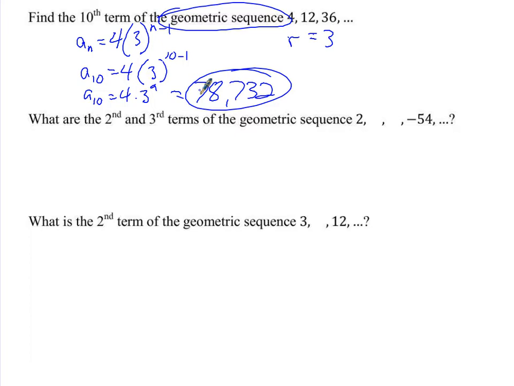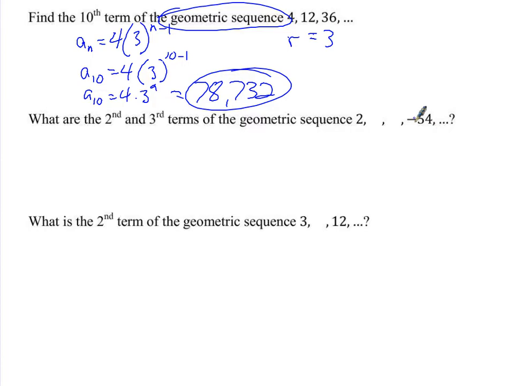Okay, what are the second and third terms of the geometric sequence 2, something, something, negative 54? Very good. It is going to be a negative common ratio.